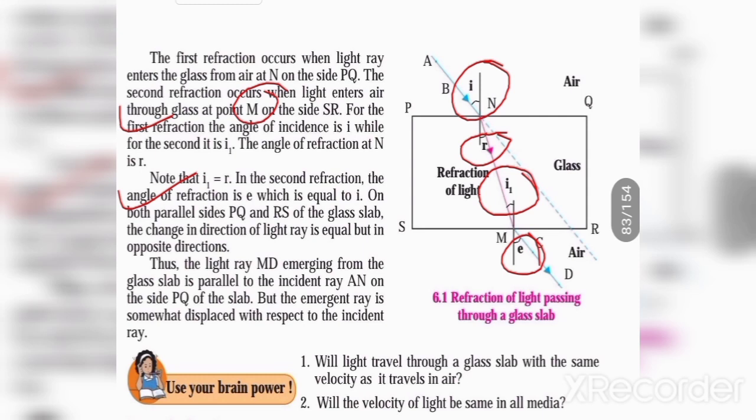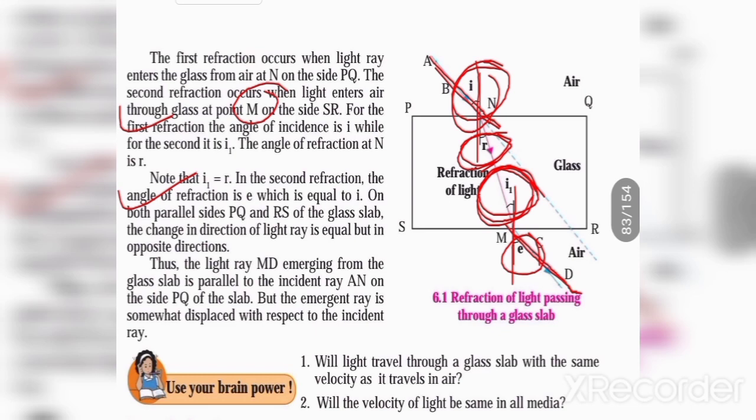What does this mean? This AN is parallel to the emergent ray MD, because these are normals. Here is the angle of incidence, and here is also an angle of incidence. That r is equal to this angle of incidence, I1.